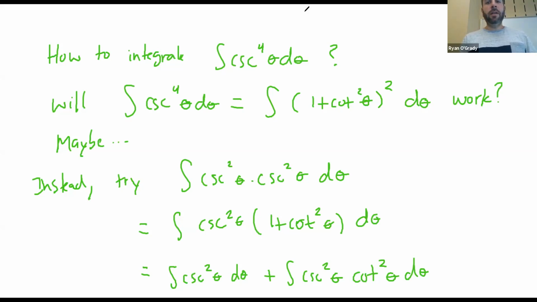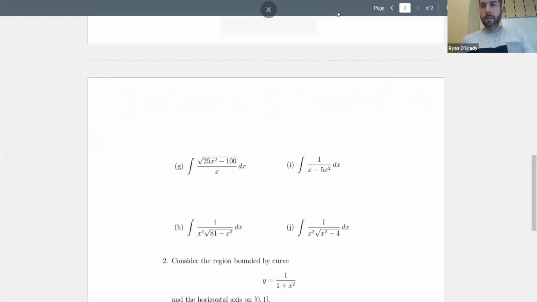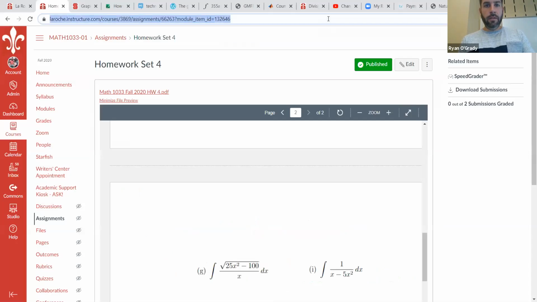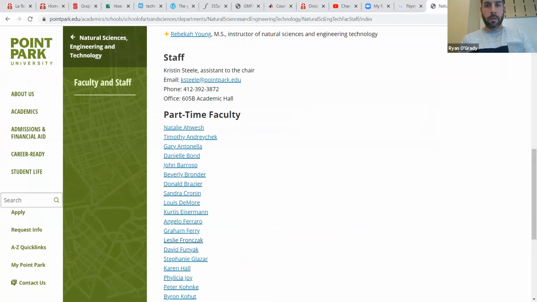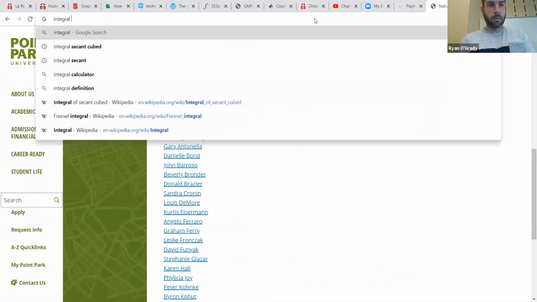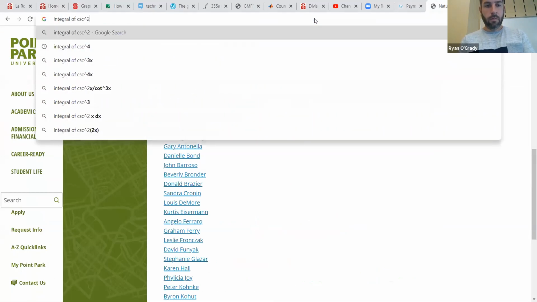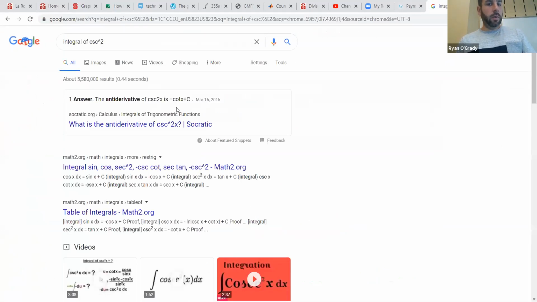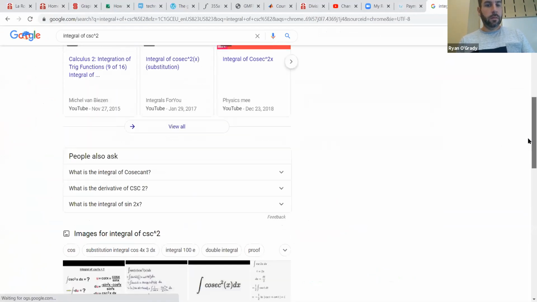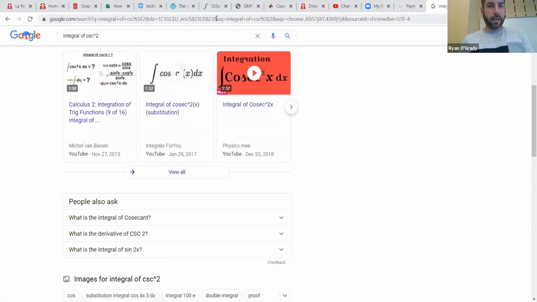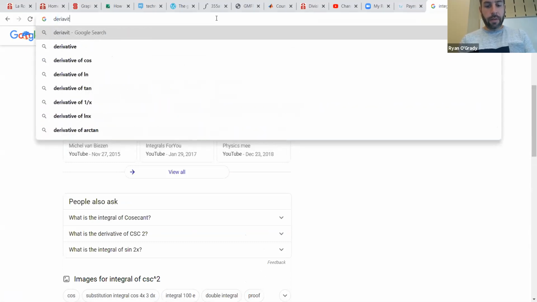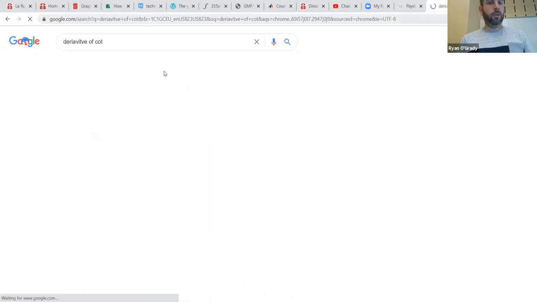But very rarely do we memorize things like, let me zoom out of here, what is the integral of cosecant squared? Or another way of saying that same question is, what is the derivative of the cotangent?